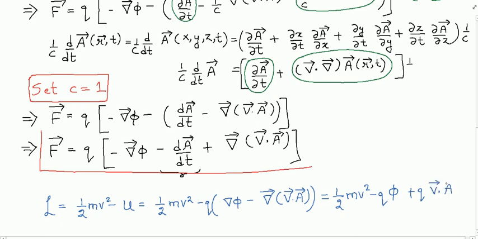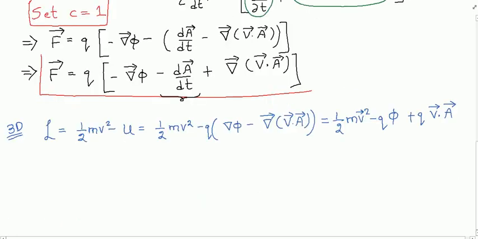So all this in vector form. Okay, and since we are doing it in 3D, this is my Lagrangian in 3 dimensions. You can break it in terms of components, so just for convenience, let me write it.